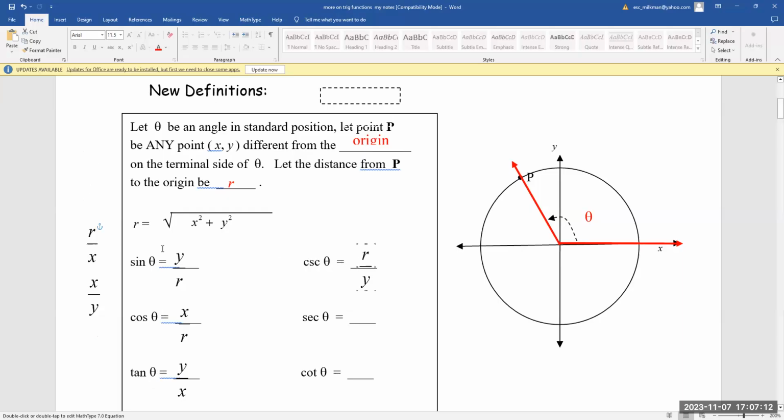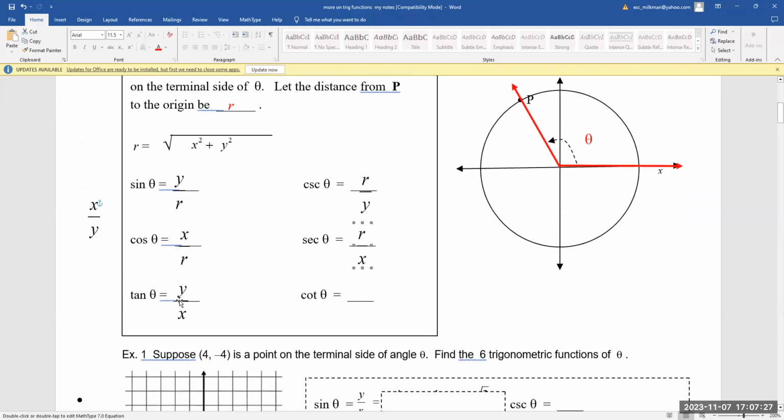Remember the opposite letter, S and C. You guys did great on the exam on this. The cosine will have the reciprocal secant function, and the reciprocal for tangent, instead of y over x, is still going to be x over y. So how's anything going to change?